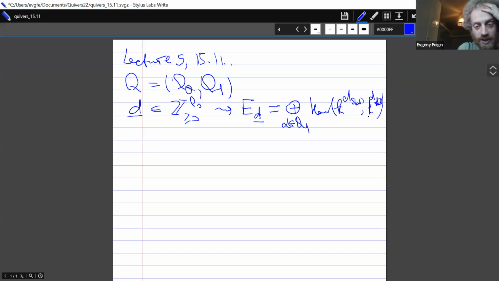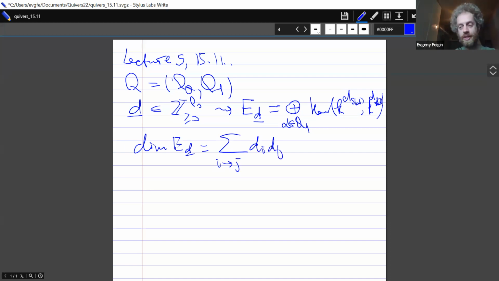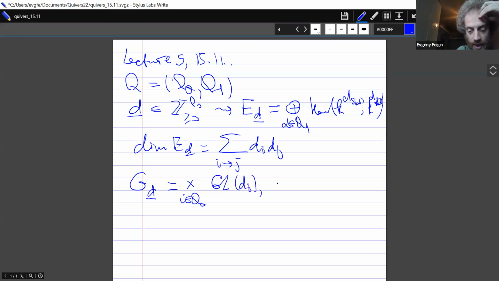So this is the representation space, and clearly the dimension of E_d is the sum over all the arrows of d_i d_j. This is just an affine space, very simple. And we also have the product of general linear groups, G_d, the product over all vertices of GL_{d_i}. Clearly the dimension is the sum of d_i squared.